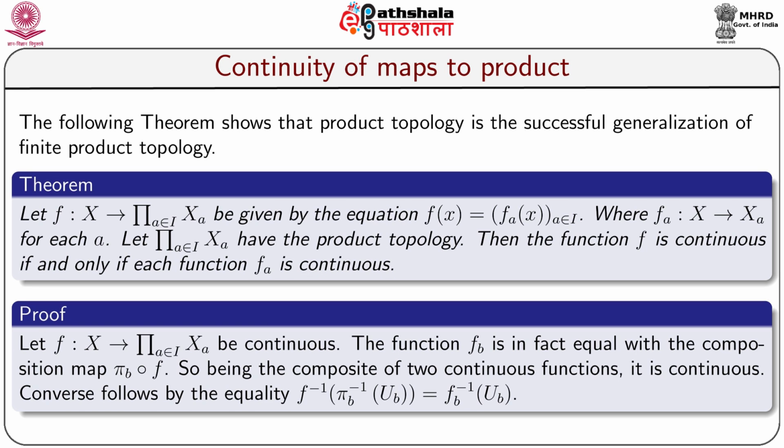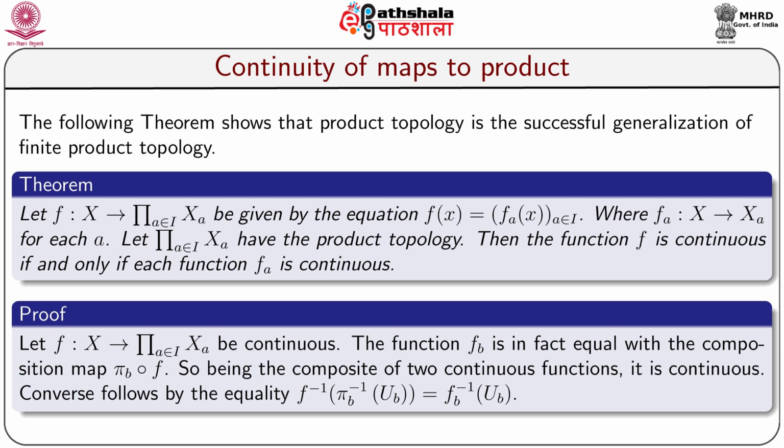Now, let the product of X_α be given the product topology. Then the function f is continuous if and only if each f_α is continuous. So, if we can prove this, we can say that this is the successful generalization of finite product topology.